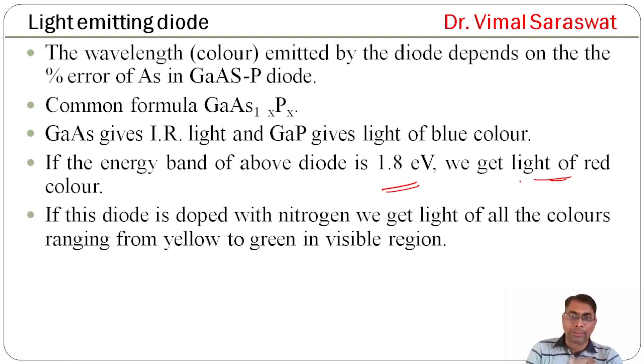And if this diode is doped with nitrogen, then we get light of all the colors ranging from yellow to green in the visible region. So the light emitted by a diode depends on the energy band of the diode.